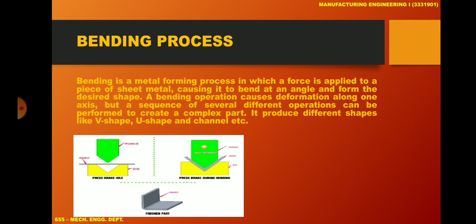A bending operation causes deformation along one axis, whether it's X, Y or Z, but a sequence of several different operations can be performed to create a complex part. So if we combine these three axes X, Y and Z, we can also make a complex part. It produces different shapes like V shape, U shape, channels, etc.